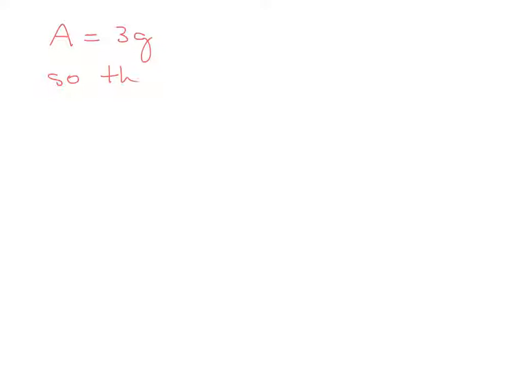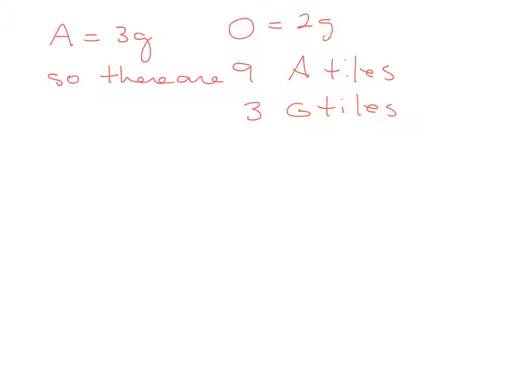So there are 9 A tiles, and there are 3 G tiles. And remember that the O was 2g plus 2, so that's 2 times 3 plus 2, so that means there are 8 O tiles.